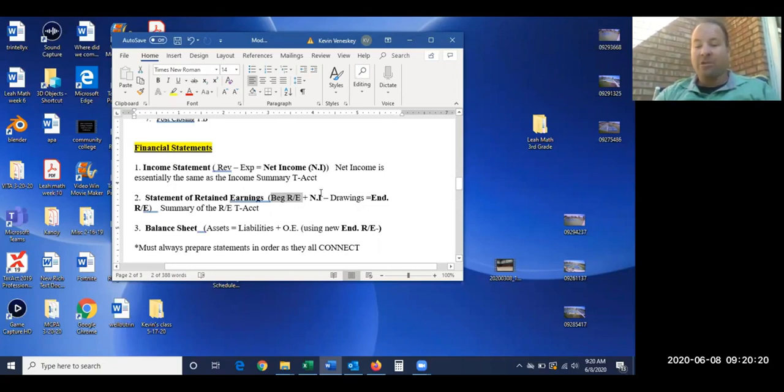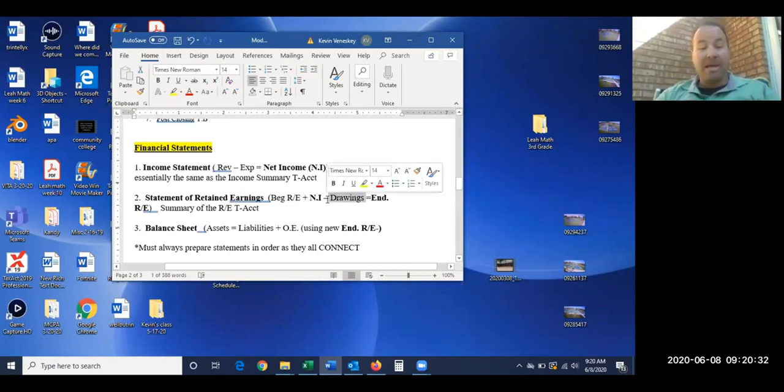And then you add in how much money you made this year, and that came from your income statement. And then you subtract out your drawings. How much did you pay yourself or pay in dividends to your owners? And then that equals your ending retained earnings. It's very simple, only 4 things that really go into the statement of retained earnings.